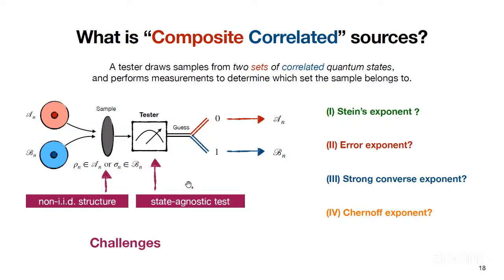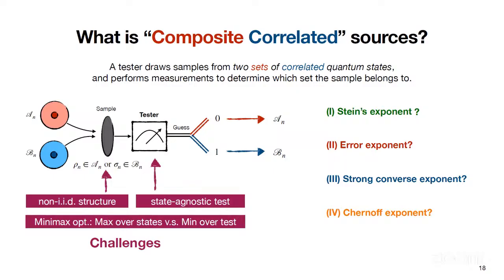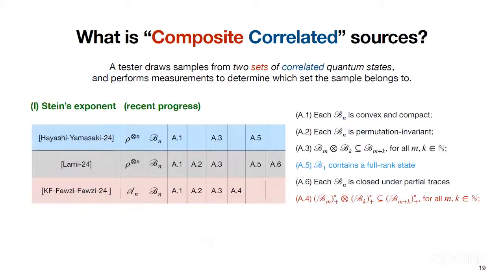So this is a challenging task. And also this naturally gives you a minimax problem. So you need to maximize over all the possible states in the black box, but you need to minimize over all the tests that you can construct. So these are the challenges.